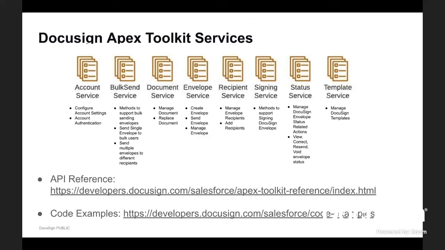Bulk send is one which allows customers to send multiple envelopes for signatures to multiple recipients at once. And there is envelope service that allows you to create an envelope, manage it, monitor it, and all those sorts. There are a lot of examples available on our developer site, which can easily help you get started really quick.